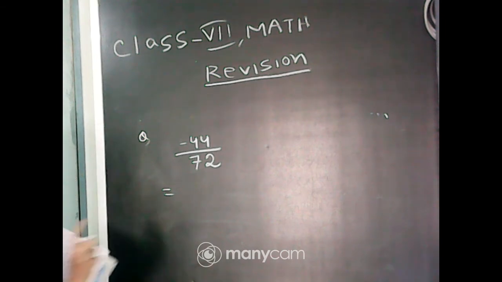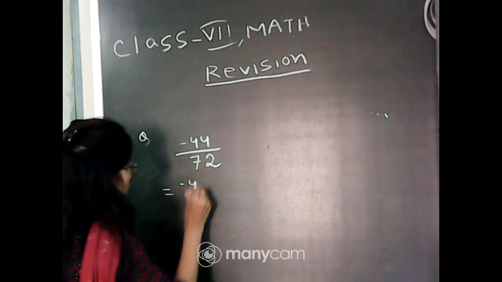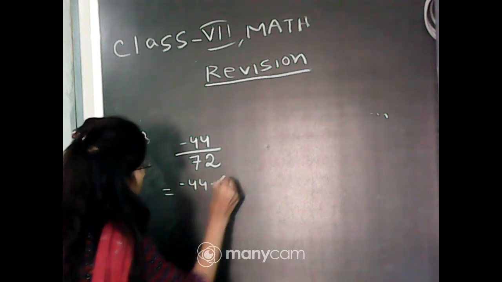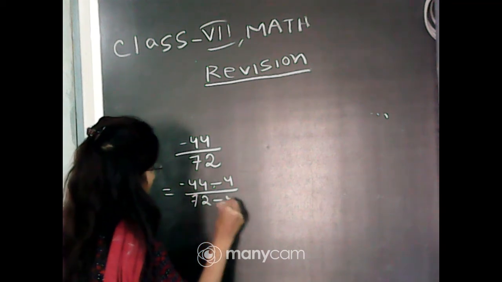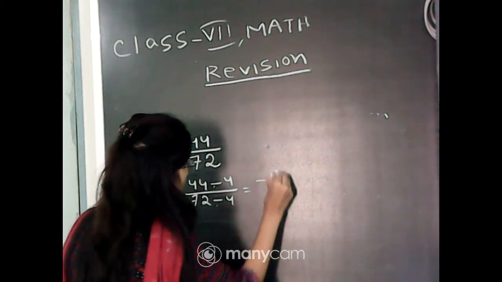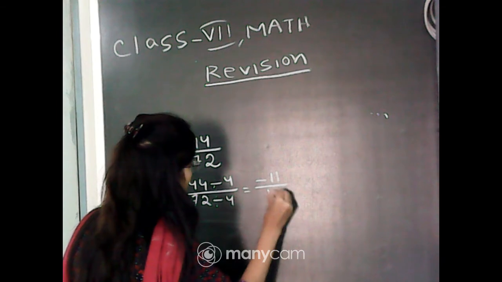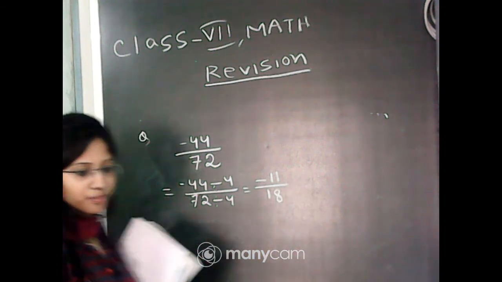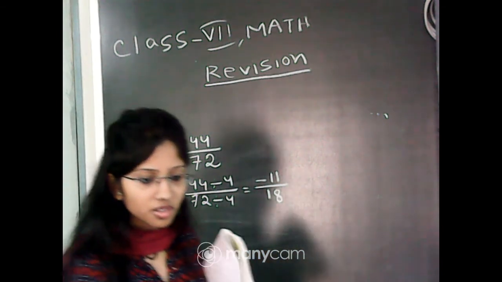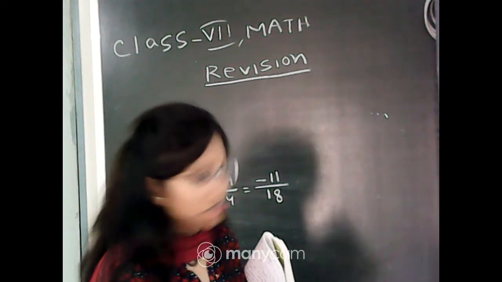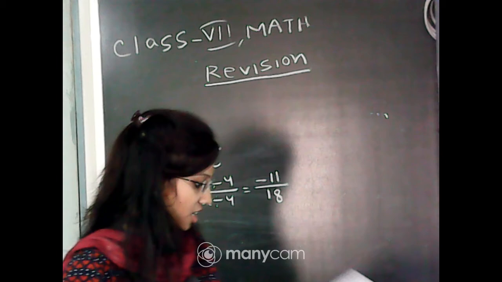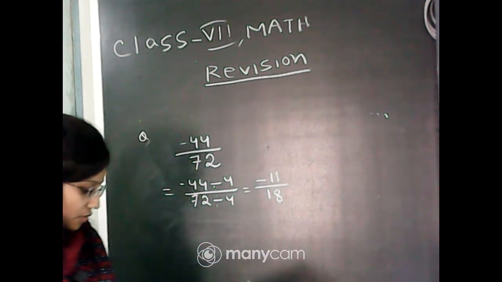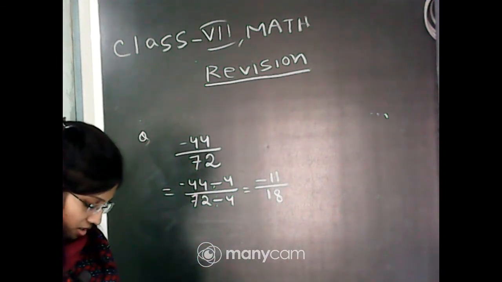Therefore, to get the simplest form, we divide both the numerator and the denominator by 4 and we get the answer minus 11 divided by 18. Okay. Yes, the answer is minus 11 divided by 18.